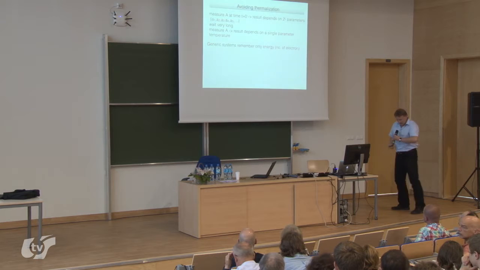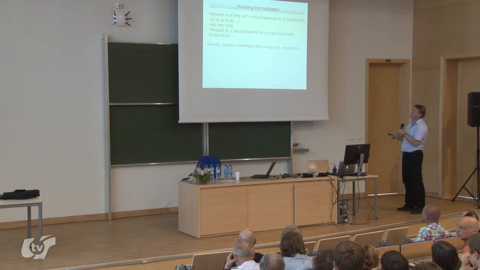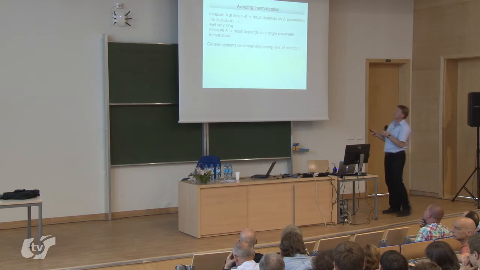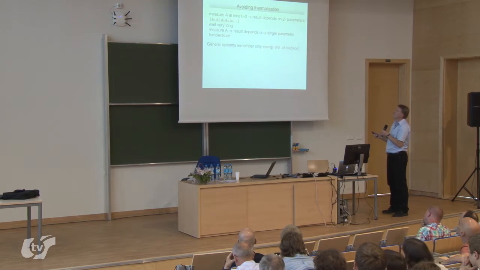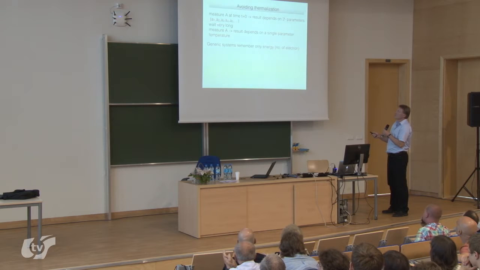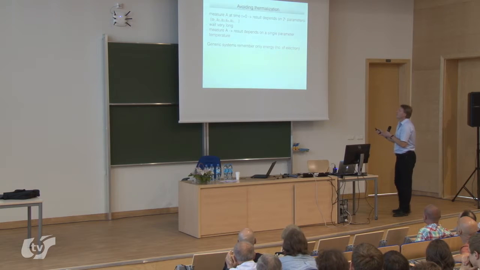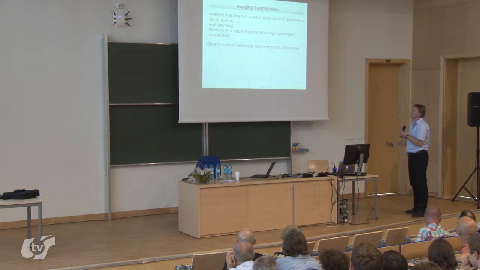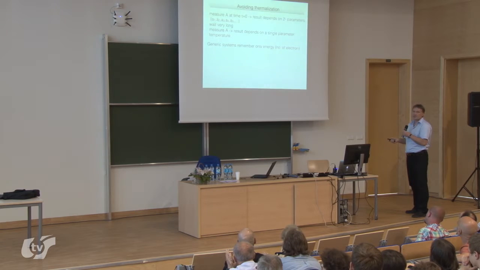Okay, so now just briefly, how we can avoid thermalization. What is thermalization? If we measure some quantity in the initial state, and we could make many measurements, then these measurements can encode a huge number of different parameters, but after a long time we lose all this information and we are left with only a single parameter, the temperature.